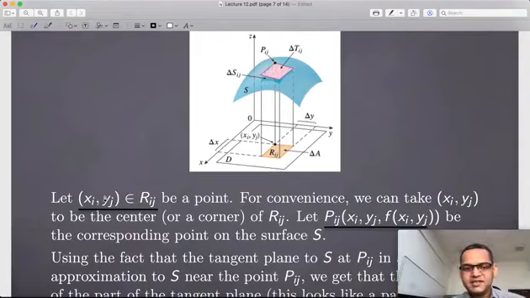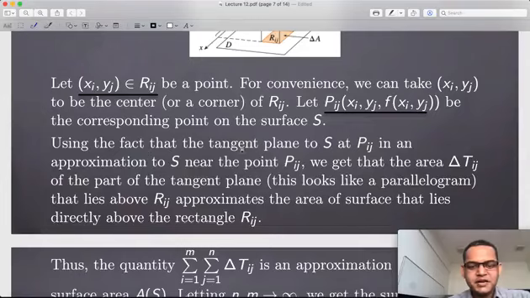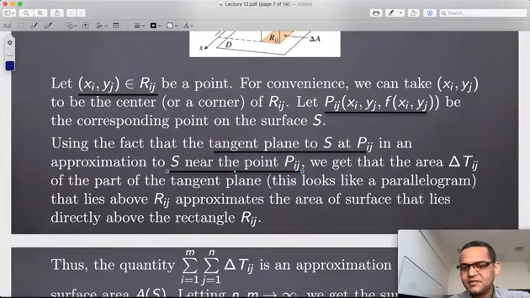So if I compute the area of this parallelogram, then it gives me approximately the area of the surface around this point. Okay, and this is what we basically do. So we precisely use this idea and approximate the surface near the point which I just told you, and then we are going to get the area.